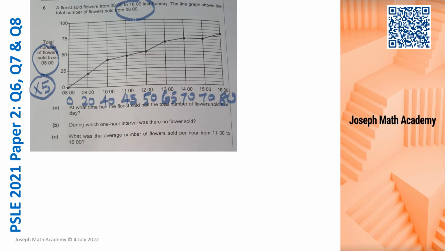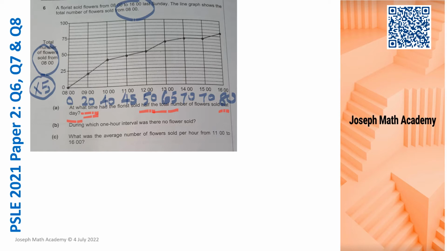Okay, let's move on to part A. Part A is asking us, at what time? So we have to know a specific time. At what time had the florist sold half of the total sold that day? That day means it ends at 4 p.m., that's 1600 hours.